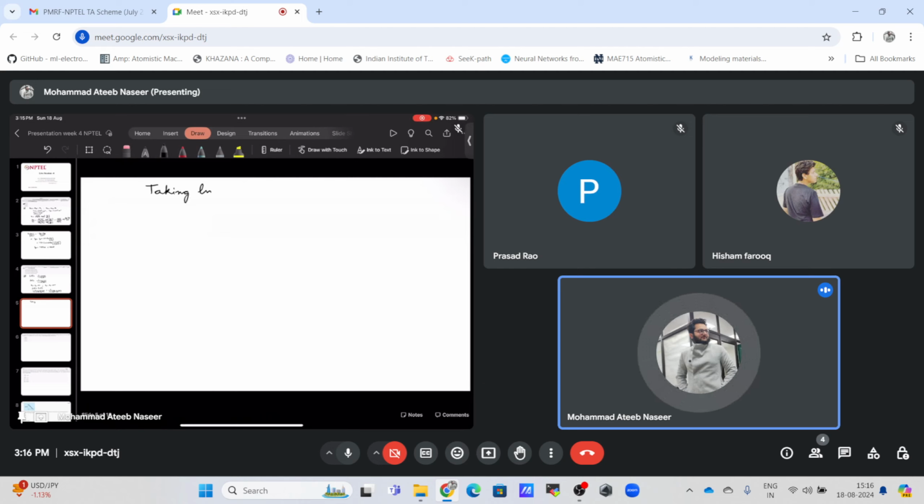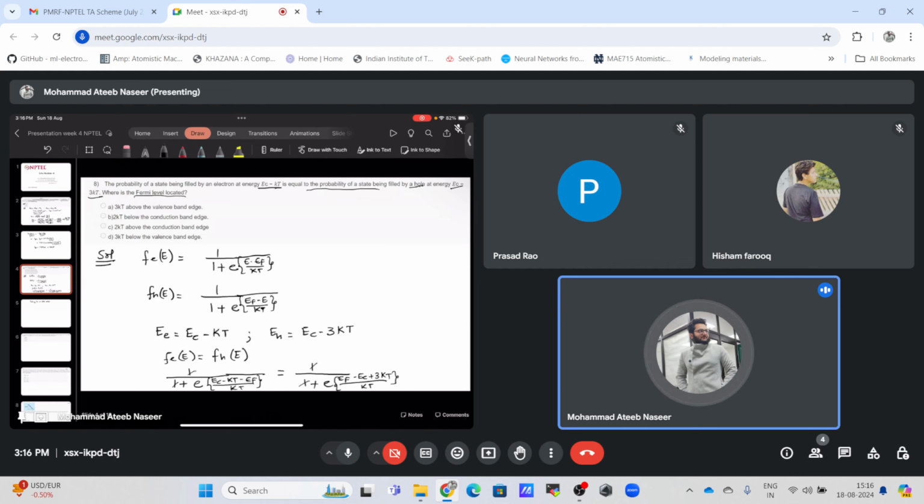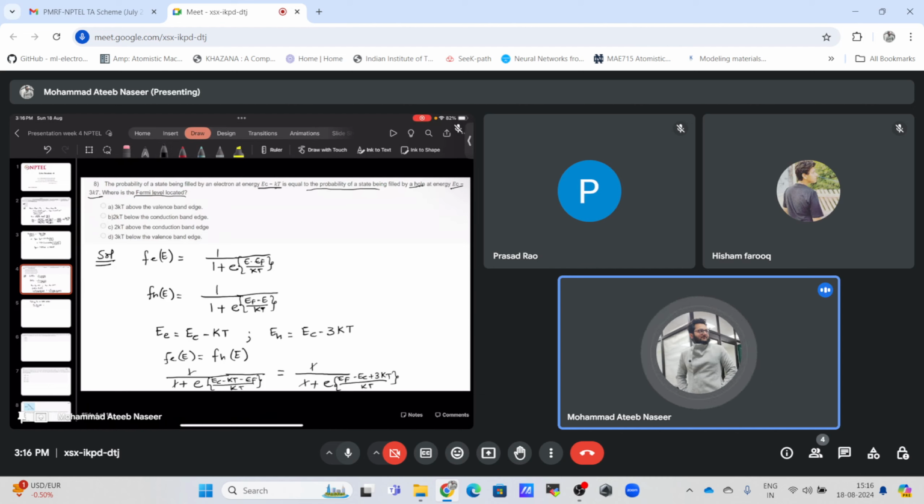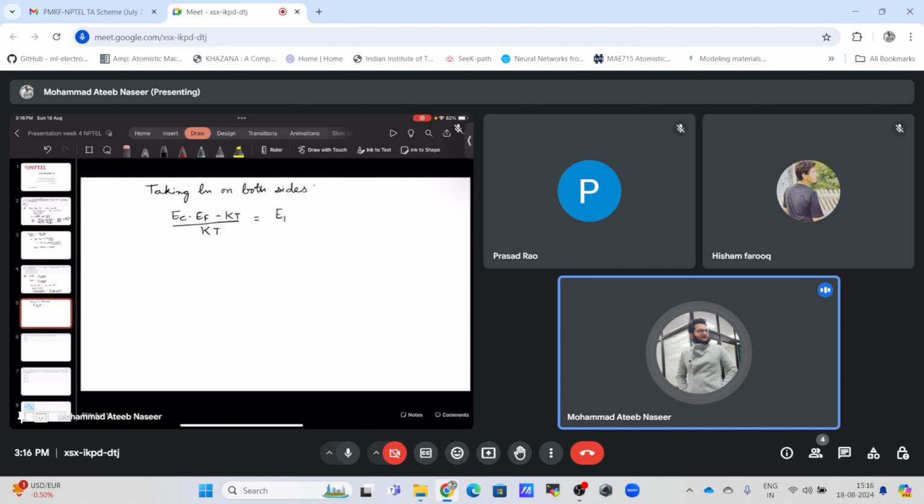Taking ln on both sides, what we will get is EC minus kT minus EF, that is EC minus EF minus kT, by kT, is equal to EF minus EC plus 3kT by kT.